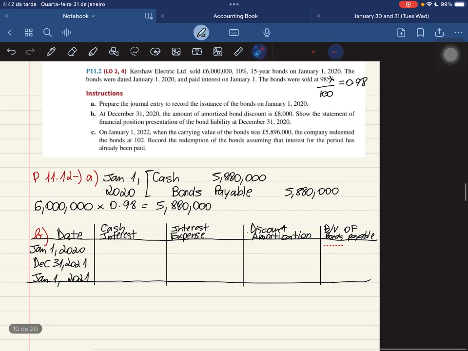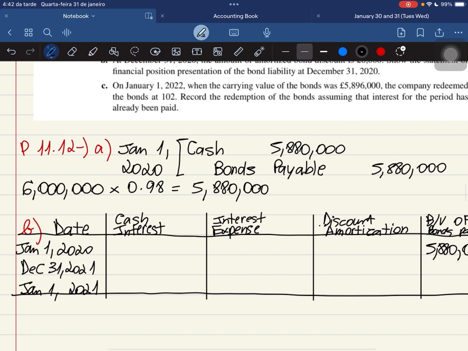Since this is the issuance date, the book value of that date is going to be this, because at that point, nothing has happened yet. No interest has been accrued. Cash interest, remember that I told you that it starts with a C, so this percentage is the contract value percentage.